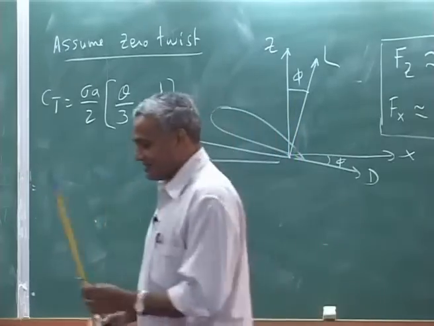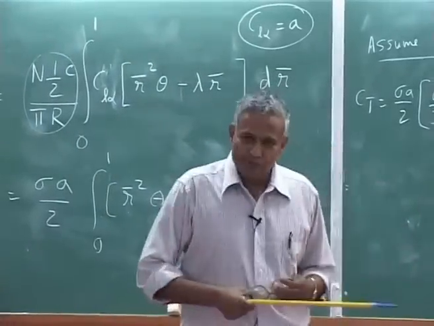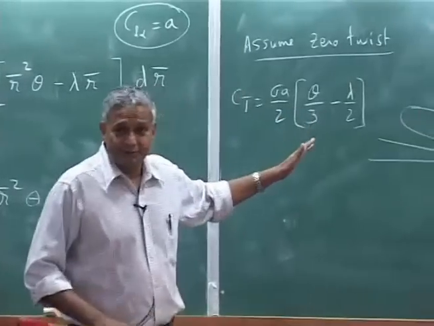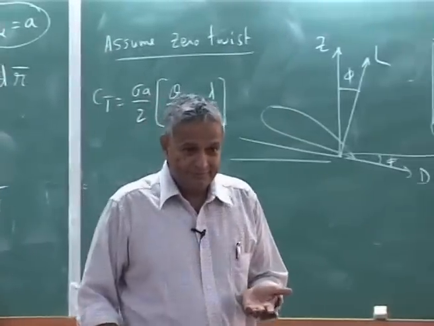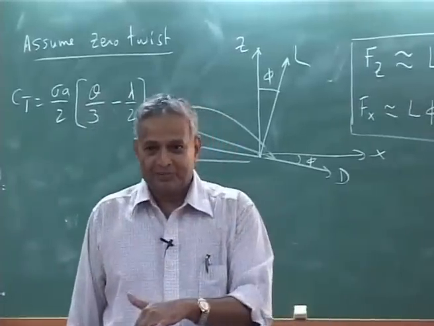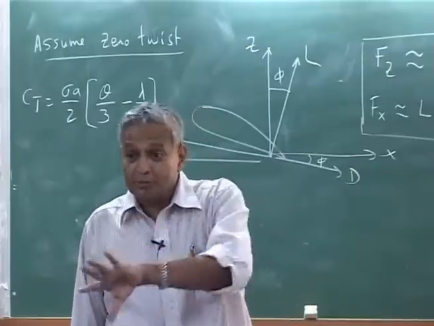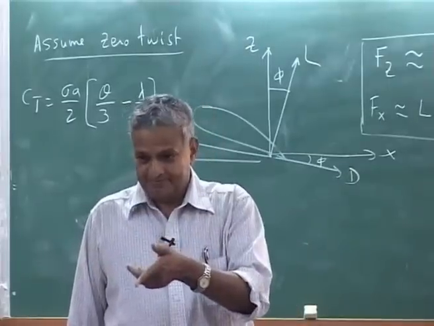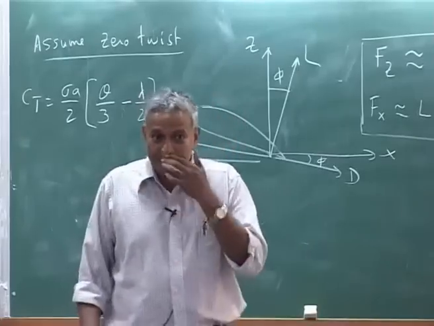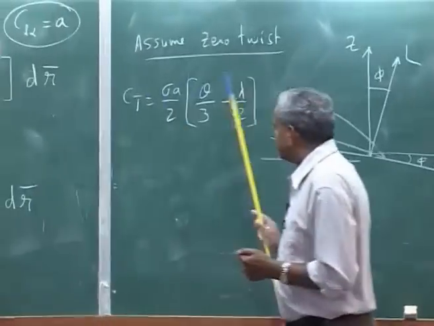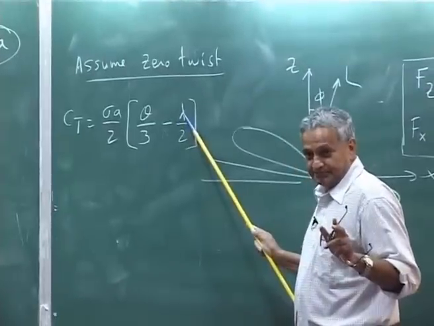So you can write it in a form where you have a twist, then you can integrate fully. Now, why do you give twist? That is another question. But if you give twist, you vary your inflow also. There is a little difference, because we still have not obtained this value, please understand.